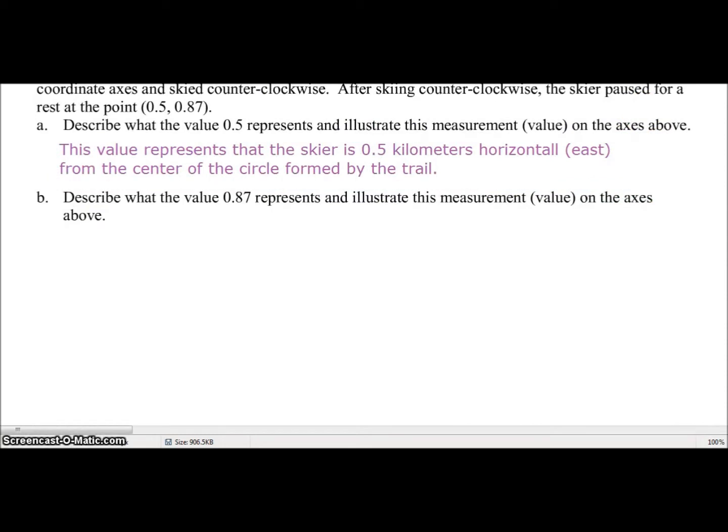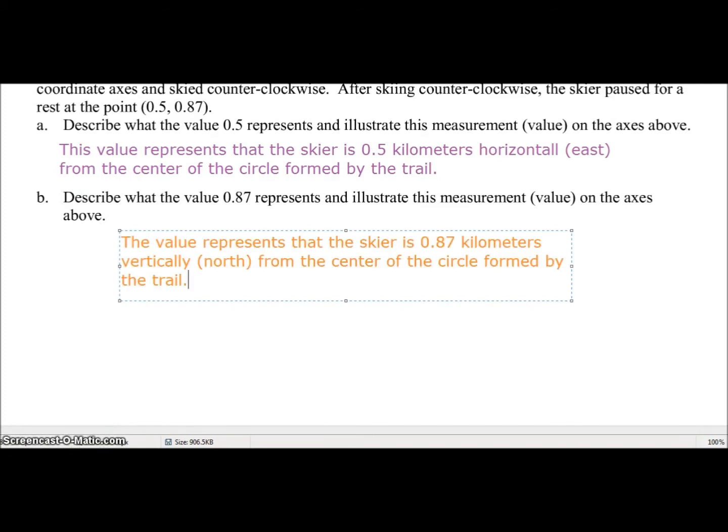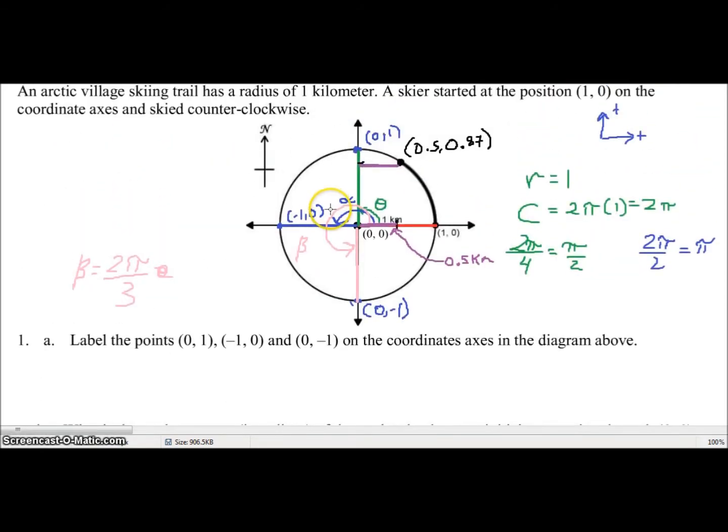And so if you wanted to describe what the value of 0.87 represents, you could say something similar. You could say that this value represents that the skier is 0.87 kilometers vertically north from the center of the circle formed by the trail. So if we go vertically north from the center, here's our 0.87 kilometers. So the center of the circle is our origin, and this coordinate tells us how far we are east of the center and how far we are north of the center.